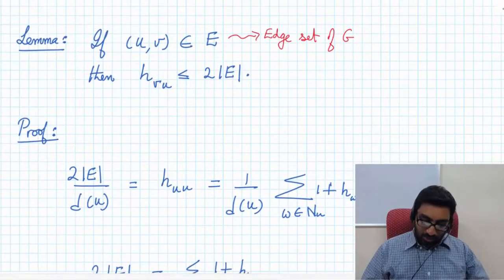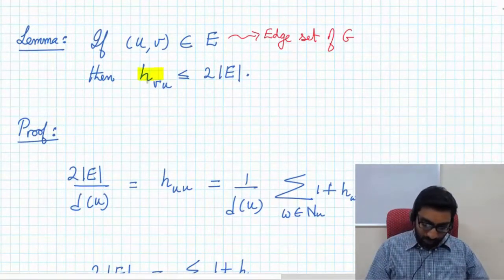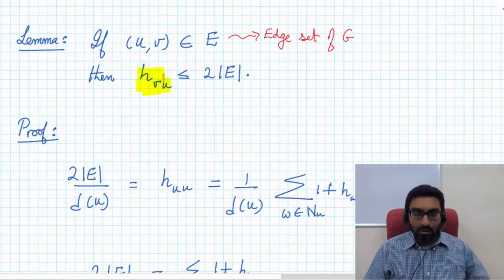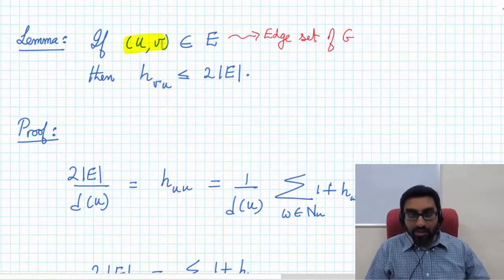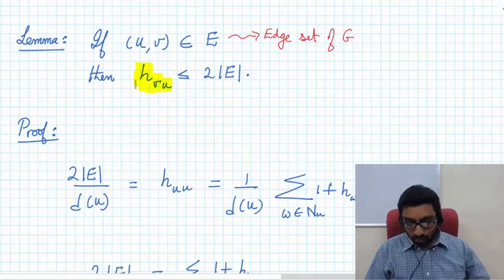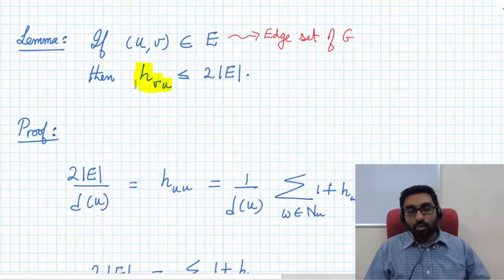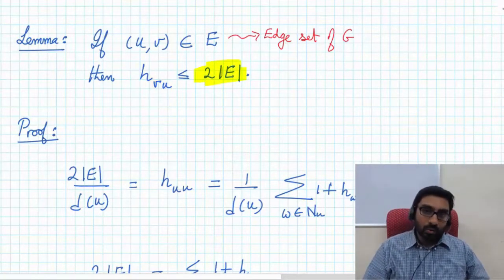Let's look at a slightly more general hitting time H_vu. Let's focus on an edge in the graph. The expected time to go from v to u is at most 2 times the cardinality of E. Of course, if you're lucky, you will go in one step.